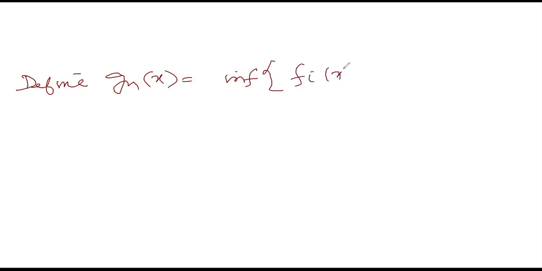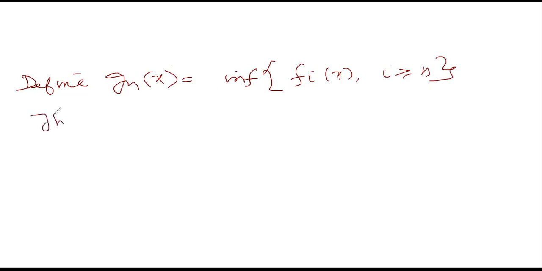Now let's define g_n(x) equal to the infimum of f_i(x), i greater than or equal to n. So g_1(x) is equal to the infimum of f_i, i greater than or equal to 1, and g_2 is equal to the infimum of f_i, i greater than or equal to 2.